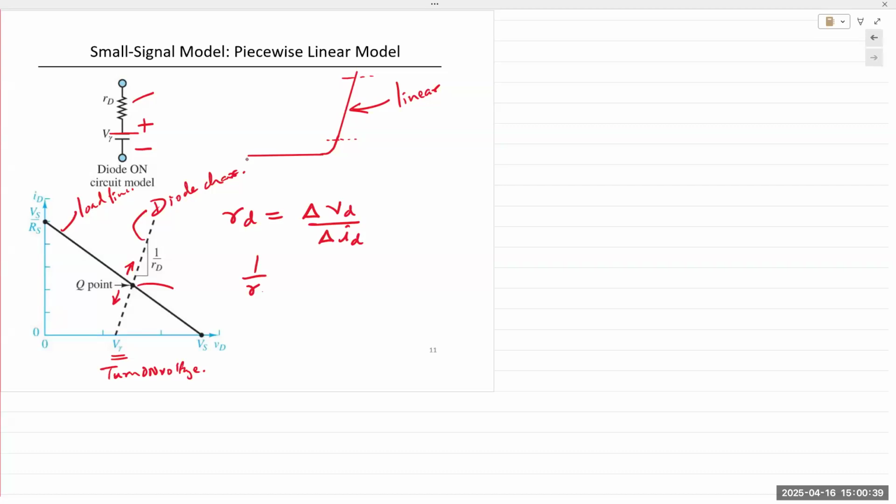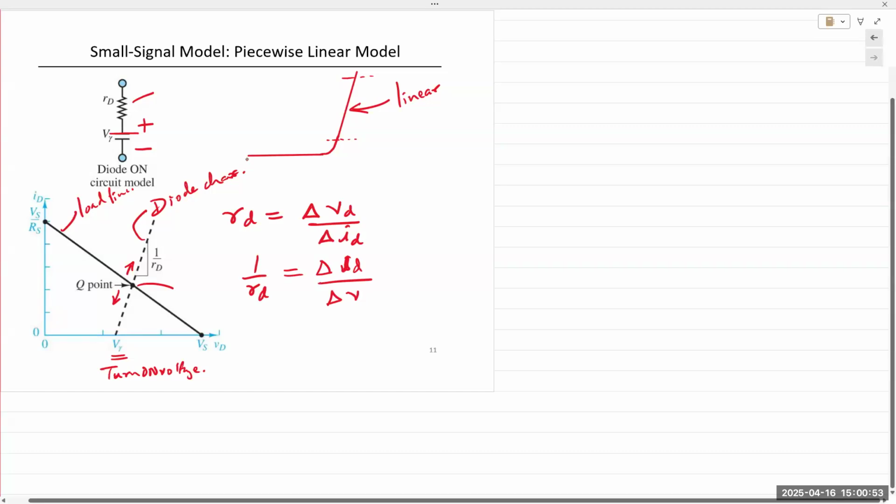And the slope of the line, Y over X, gives us 1 over RD.